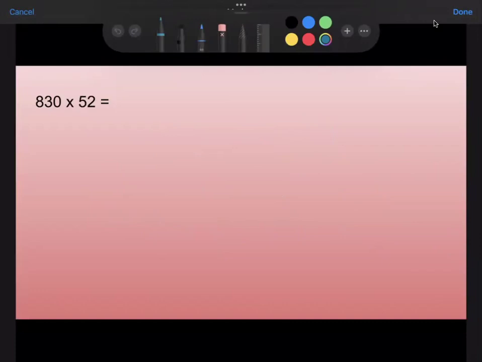So I thought you might want to see this one again. So we're going to break up 830 into its place values, and then we're going to break up 52. But most of the time, I'm going to go ahead and put 52 on the top for all 3 place values, because most of the time, once I do that, I have to flip them around anyway.